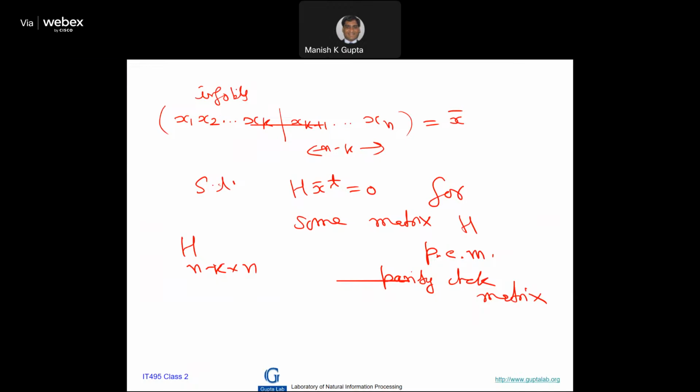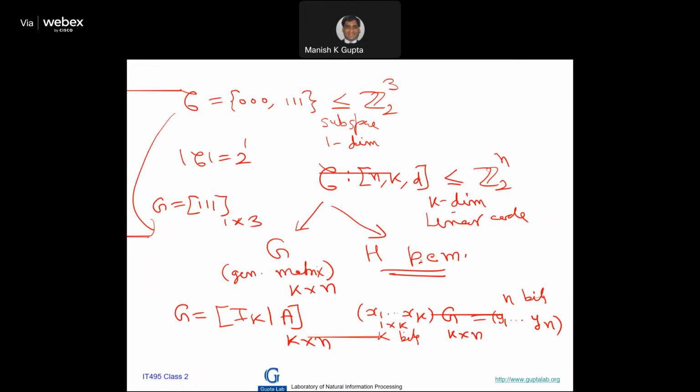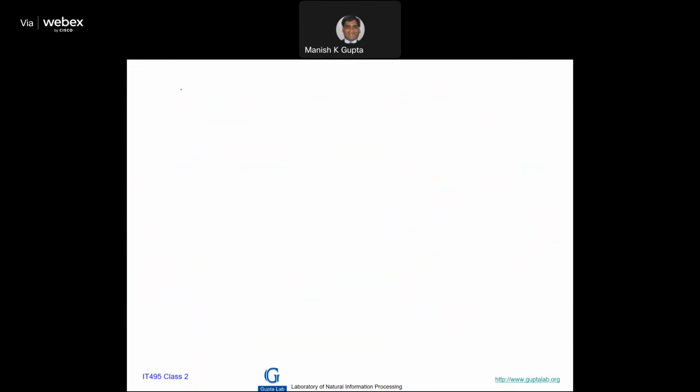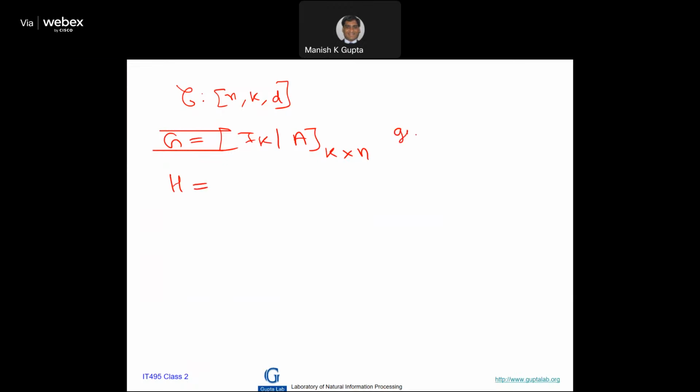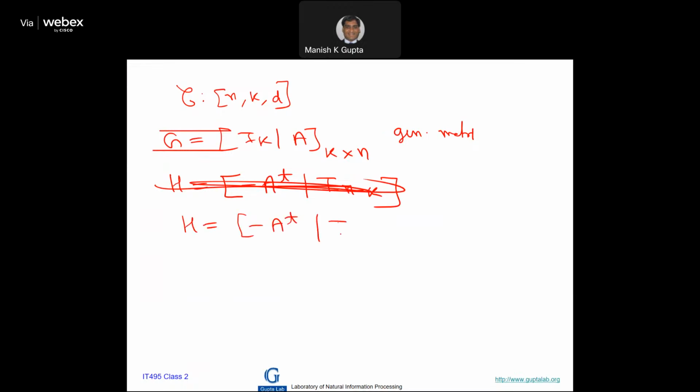First of all, if C is our (n, k, d) code, suppose the generator matrix is [I_k A], which is k cross n, for some binary matrix A. Then its parity check matrix H is [minus A transpose, I_(n-k)], which is n minus k cross n.